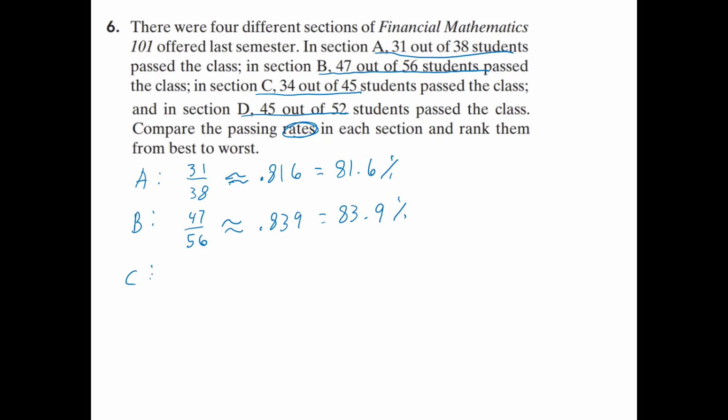And then C, 34 out of 45. So 34 out of 45 as a decimal is 0.756, and then we get 75.6%.